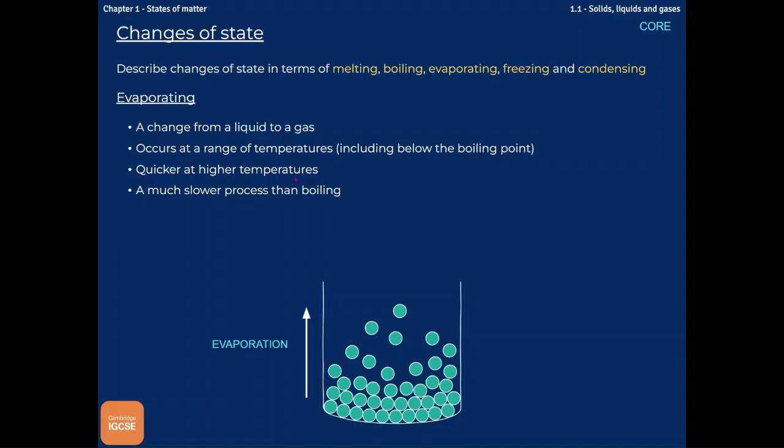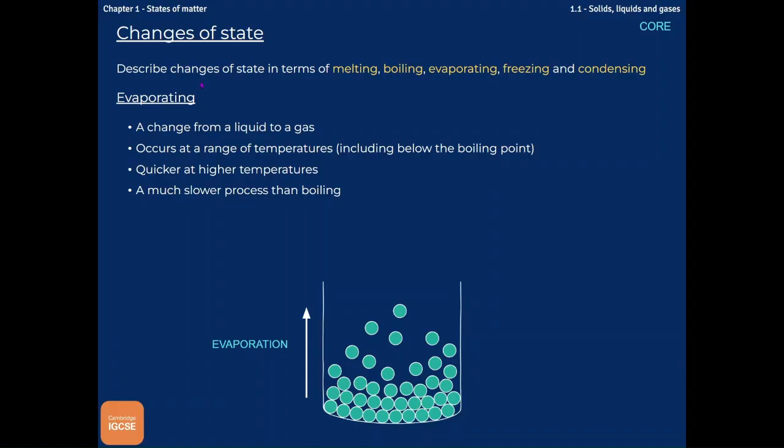Energy, right? More heat energy lets the water molecules escape and become gas, or whatever kind of molecules they are, quicker, right? But it is a much slower process than boiling. So there's no evaporation temperature. It can happen at many temperatures. It's a little bit different than boiling.